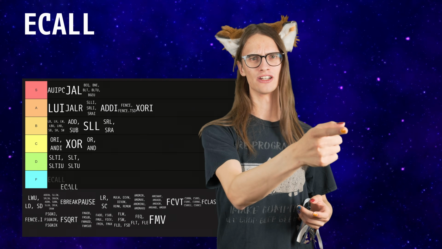RISC-V provides a unified way of calling into the execution environment by means of the environment call instruction. This is actually quite unique. I don't know of any other ISA that uses a single instruction for all of its different environment calls. How we actually pass data between the upper and lower levels is up to our software stack. So ECALL is both very simple and very powerful. Immediate A tier for this obviously great design.